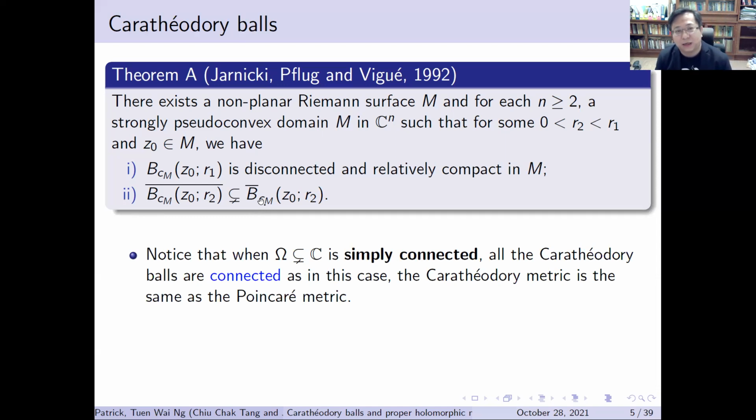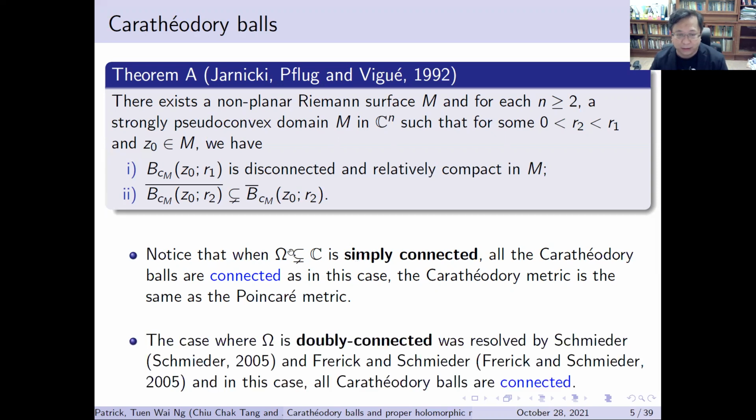A natural follow-up question is to look at the case of planar domains, that is, n equal to 1. In this case, if you take Omega to be simply connected, then the metric is actually the same as the Poincaré metric, and therefore all the balls are connected. So this case is known when the domain is a proper subdomain of C. The next case is when Omega is doubly connected.